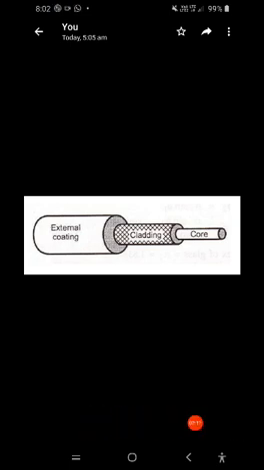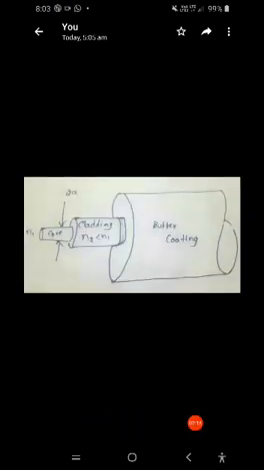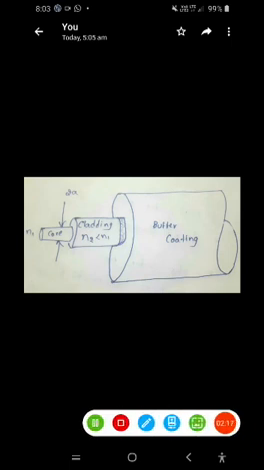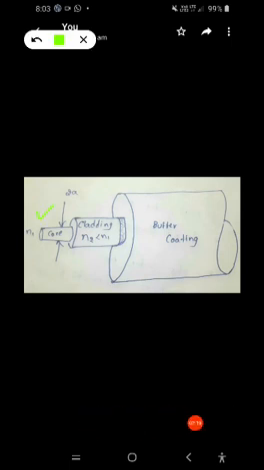Here the refractive index of the core is N1, and the cladding refractive index is N2, that is less than N1, and this one is the buffer coating. Here the core diameter is 2a, that is, the radius is small a.